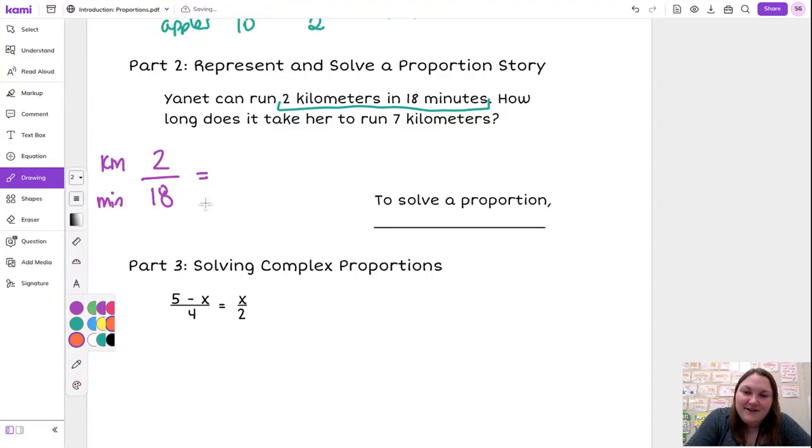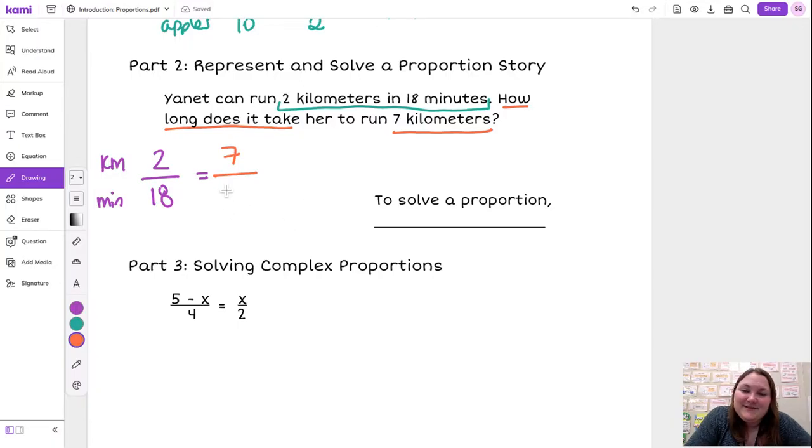I am trying to figure out how long does it take her to run 7 kilometers. I'm given 7 kilometers, so I want to match that information. It's going to go on top with my kilometers, but I'm trying to figure out how long does it take. I am trying to figure out the minutes.